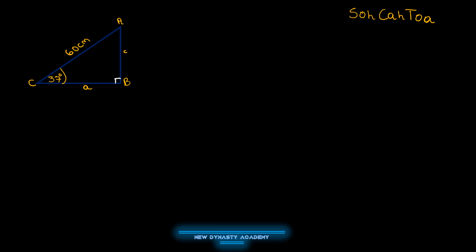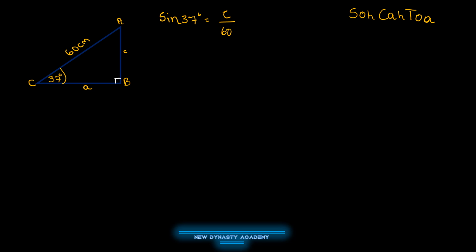So we define sine as the opposite over the hypotenuse. Let us use sine to determine the length of C. So we're going to have sine 37, that is the angle of interest, equals the opposite side, which is C, over the hypotenuse, which is given as 60 centimeters.